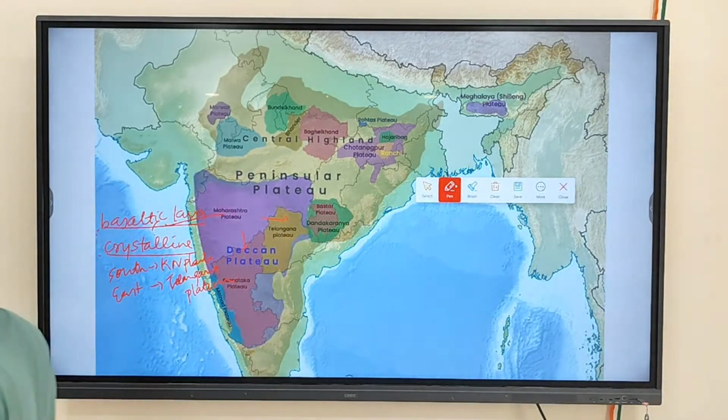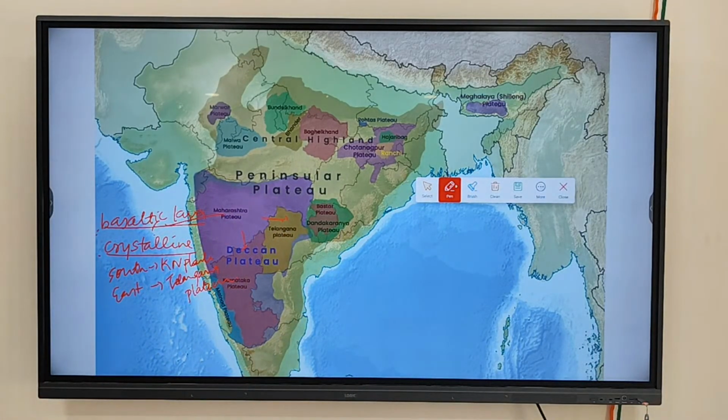Now, on erosion, this plateau gives black soil, basaltic soil. Basaltic rocks on erosion will give black soil. Black soil is rich in cotton cultivation and other cultivation. So this is your North Deccan part.